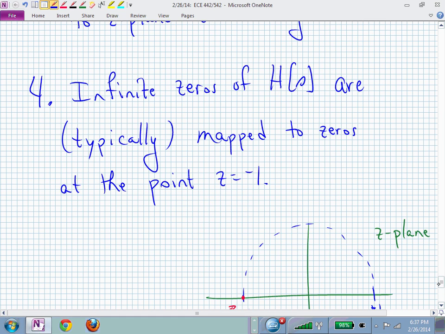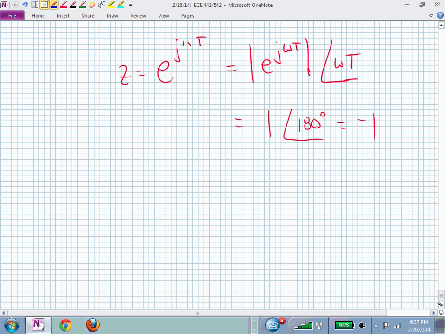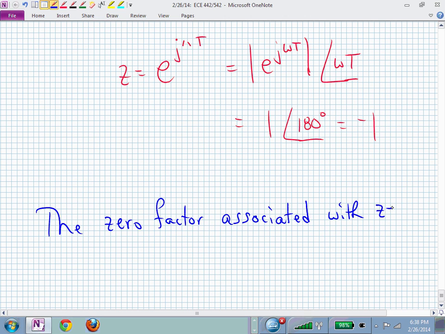In step 4, then, infinite zeros of H(s) are typically mapped to zeros at the point z equal minus 1. That says then that the zero factor associated with z equal minus 1 is that factor z plus 1.